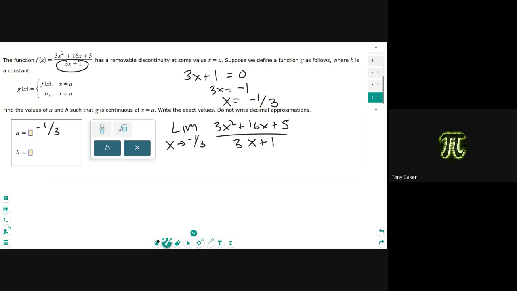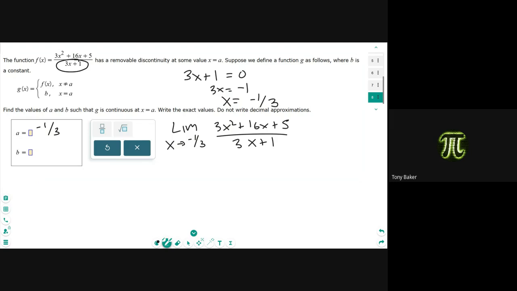So how do you want to do it? Any ideas? Factor by grouping. Could factor by grouping on this one.